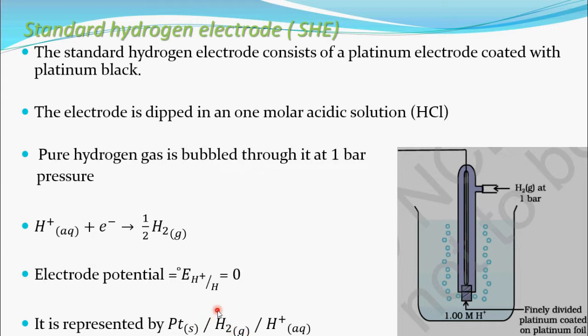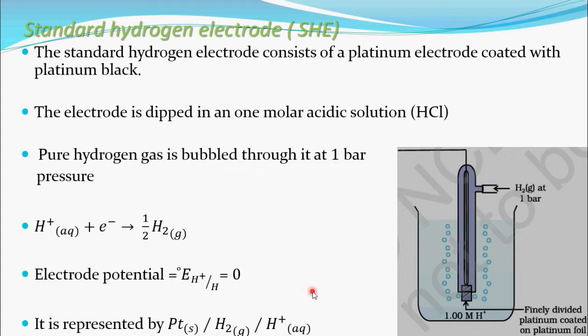This bar indicates the interface between platinum and hydrogen gas. This hydrogen gas is in contact with H plus ions of the solution. This bar indicates the interface between H2 gas and H plus ions of the solution, which are aqueous HCl. So it is represented like this.